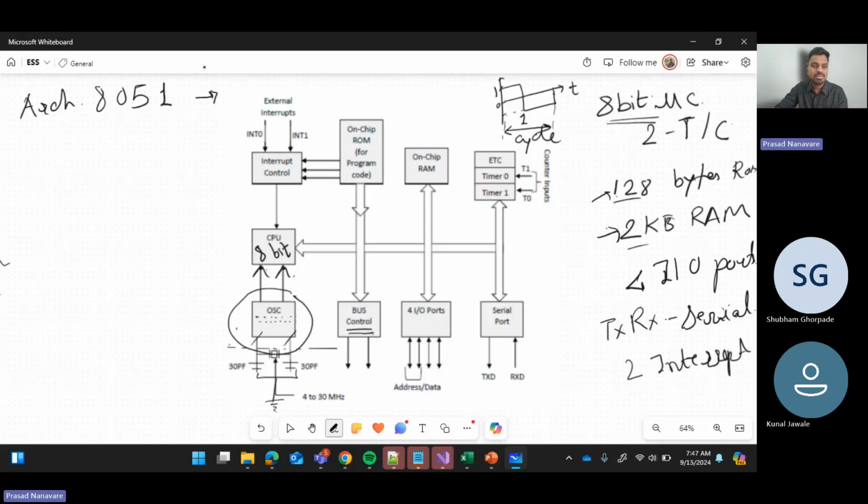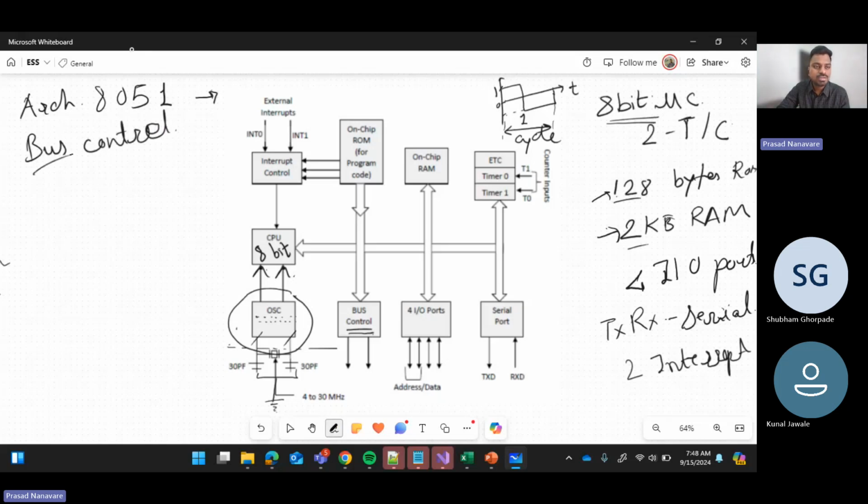Sure. Anyway, so let's talk about bus controls. Can you admit somebody joining? Let me know if they have joined.